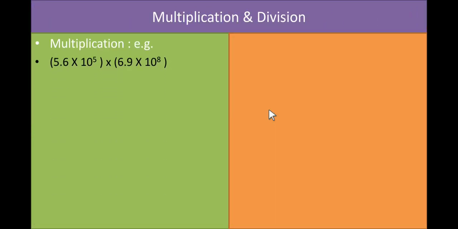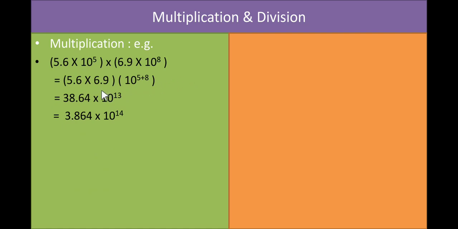Now we see how multiplication and division can be done with scientific notation. For example, this multiplication is given to us: 5.6 into 10 to the power 5 into 6.9 into 10 to the power 8. So, how will you do this calculation? Let us see.